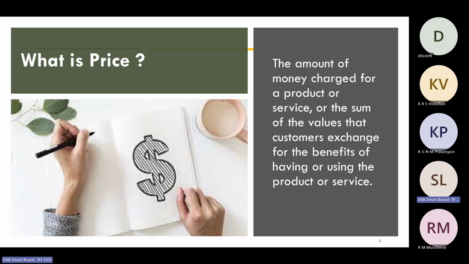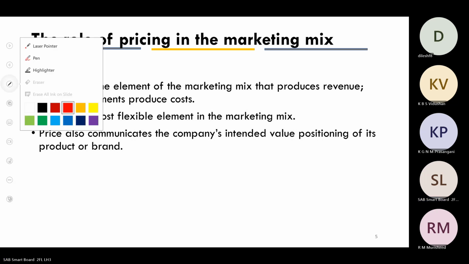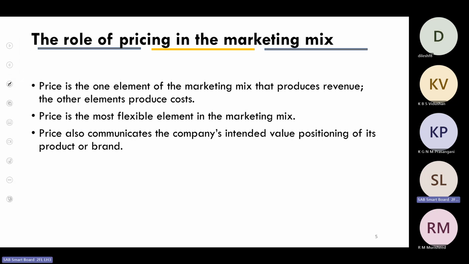And when it comes to price in the marketing mix, price has some unique characteristics, right? One thing is, price is the only element which generates revenue for the company.